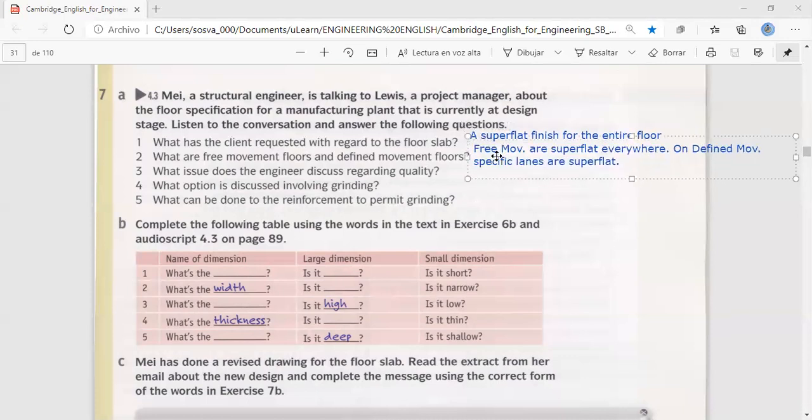So the movement in here, let me write it. But actually the issue would be long and narrow lanes to allow a higher quality finish. Okay, long and narrow lanes.